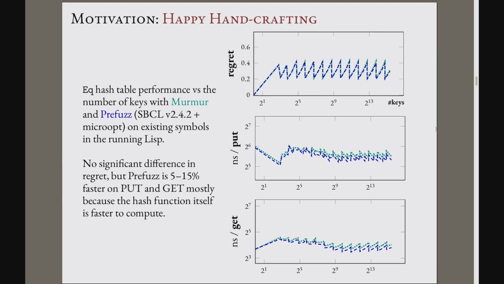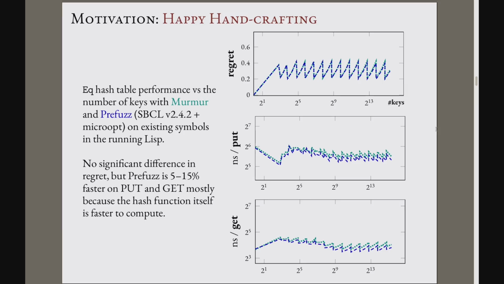So let's look at how it used to be. We compare SBCL's EQ hash, called prefuzz, and compare it with SBCL where prefuzz is replaced by murmur. And you can think of murmur as pretty much a uniform hash. It's really good. So we feed as keys existing symbols in the running Lisp, and we plot the regret.